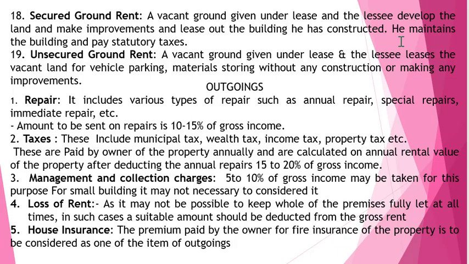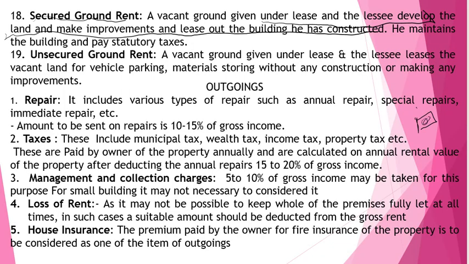Then secured ground rent. What is secured ground rent? A vacant ground is given under lease, and the lessee develops the land, makes improvements and leases out the building he has constructed. Let us suppose open land is given by the lessor to the lessee.